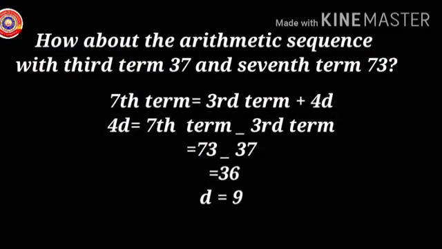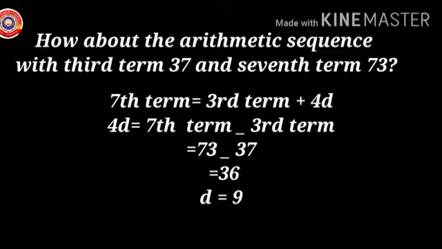Children, how about the arithmetic sequence with the third term 37 and seventh term 73? To get the seventh term from the third term, we must add common difference 4 times. Here we got d equal to 9. Using this common difference, we can write the entire sequence.